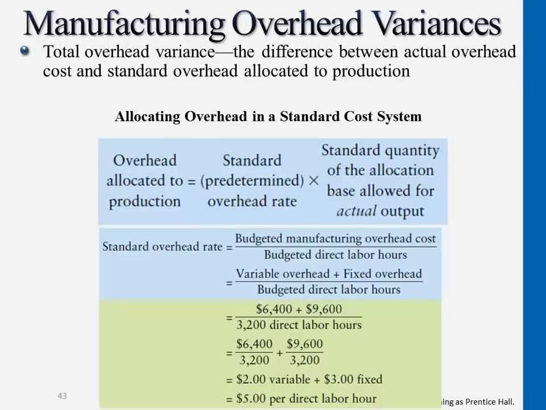And when we consider variances, we break it down into 2 different categories of variances. We will consider variable overhead in one category and then fixed overhead in the other. So what this is showing here is just refreshing your memory on earlier when we determine unit cost of a certain product.